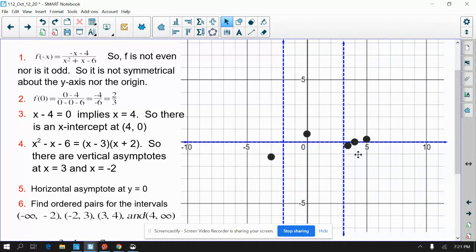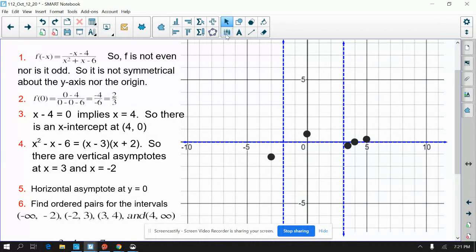But it's not going to be skyrocketing up here. I know that as x gets bigger, it's going to be approaching this line right here, y equals 0. So it's close to the vertical asymptote, hits these 3 ordered pairs, and then continues along this horizontal asymptote.